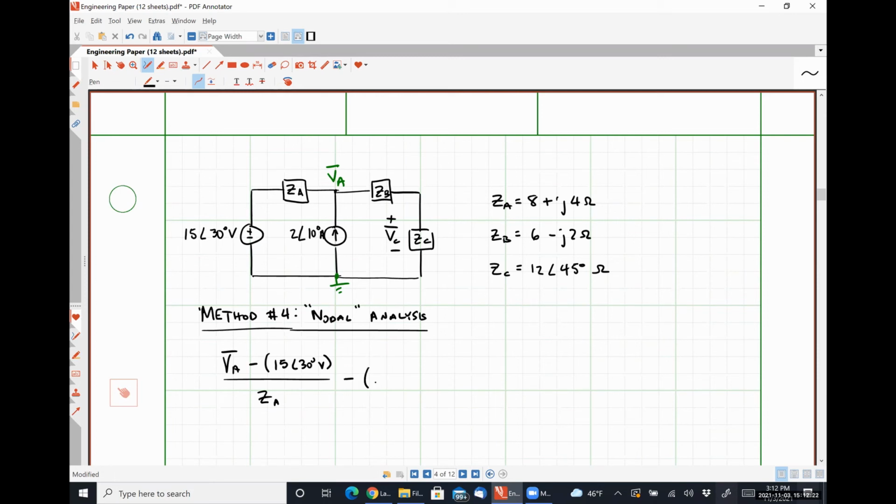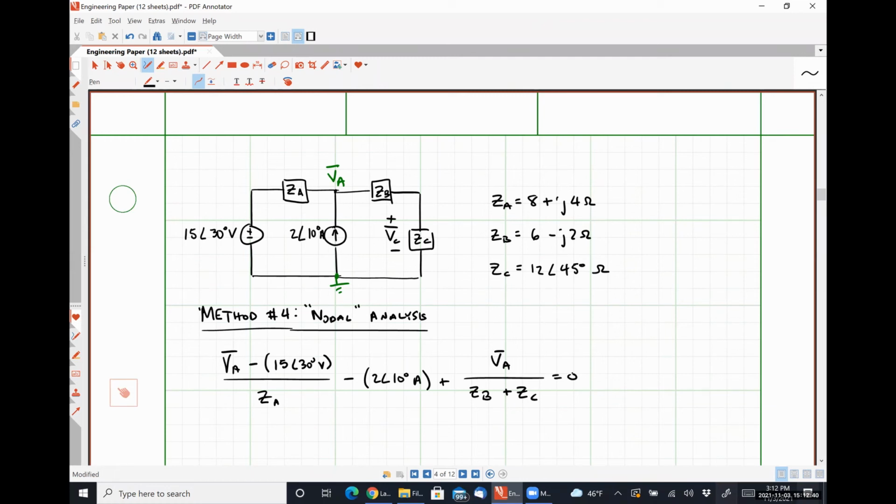I don't know where my head's at. Plus VA divided by ZB plus ZC is equal to 0.